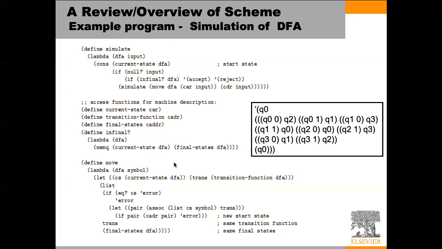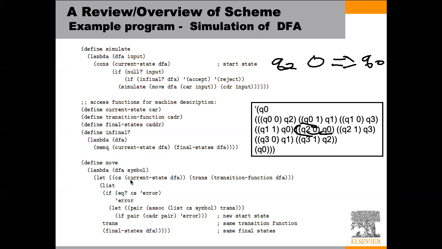So for example, if we are currently in state Q2 and we see a symbol 0, you can see that Q2 0 should move us to state Q0. So this is what move is doing. It's basically performing one move based on the current symbol.